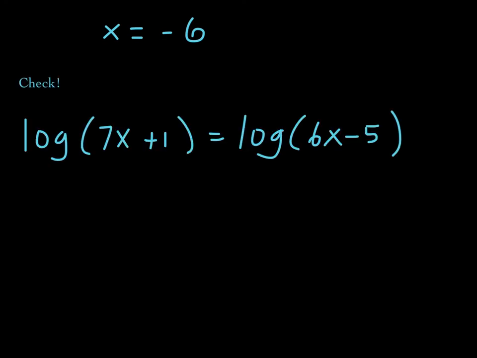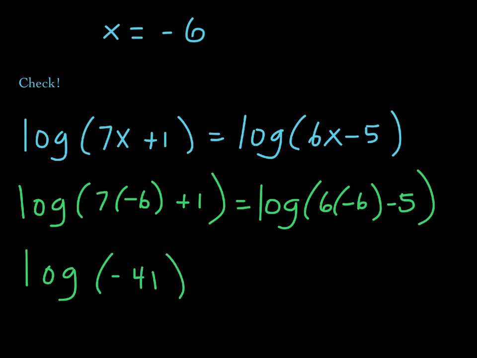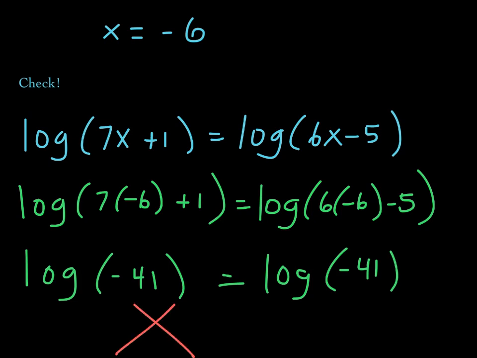So here I am plugging in my proposed solution into the original equation, okay? And I'm noticing right now, as I'm writing this out, that my arguments turn negative. I mean, this is negative 41, right, is equal to log of negative 41. But although the left and the right-hand side are the same, this is not okay, right? It's not okay to have a negative argument, or else your logarithm is undefined.